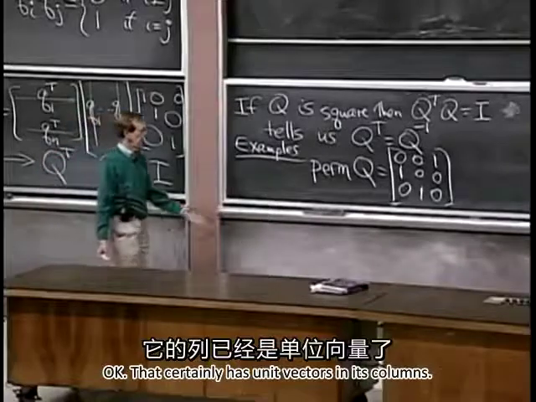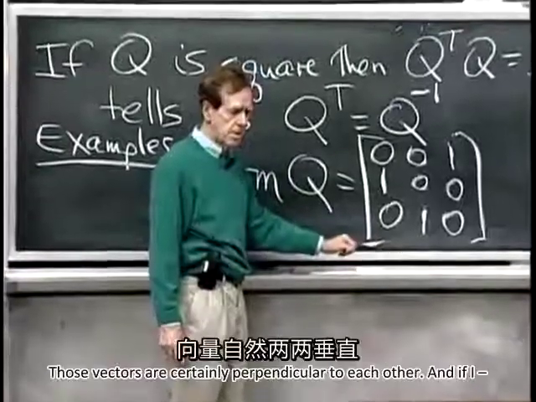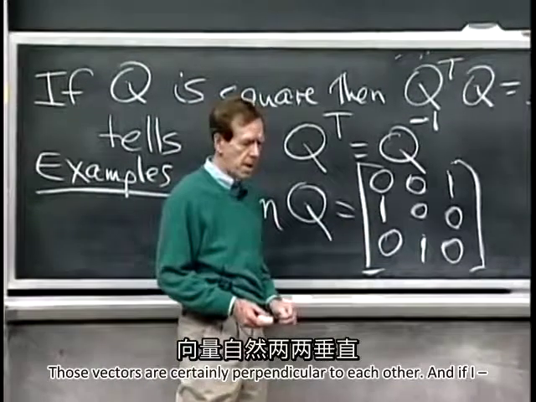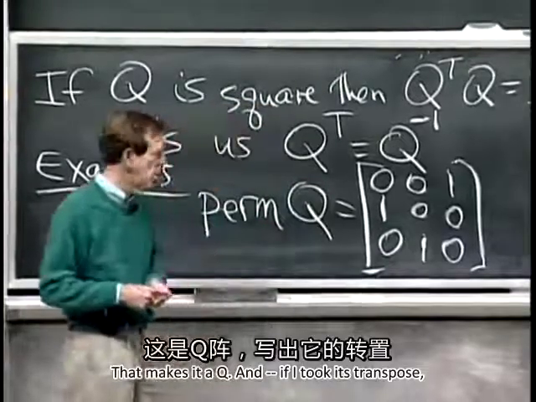That certainly has unit vectors in its columns. Those vectors are certainly perpendicular to each other. And so that's it. That makes it a Q.